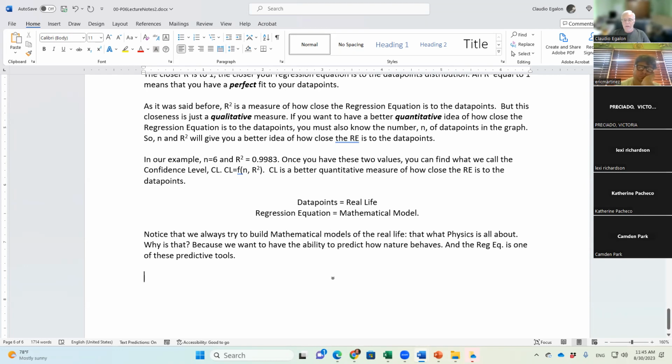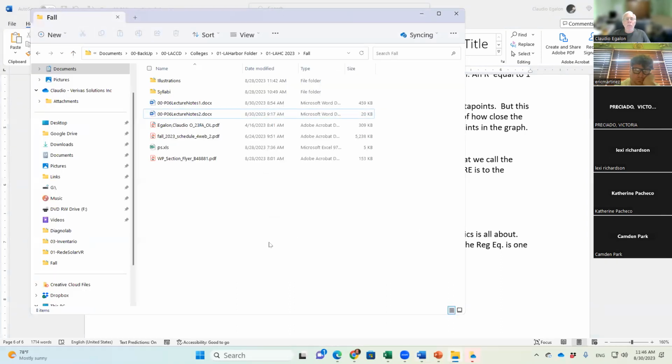Okay. So let's talk about the confidence level now. That's not as easy to grasp. It's not as easy to calculate. Excel doesn't calculate the confidence level for you at all. Because of that, I came up with a table.